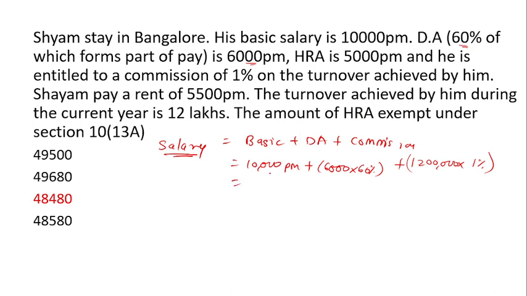So here we get 10,000 plus 60% of 6,000, that is 3,600, plus 1% of this.